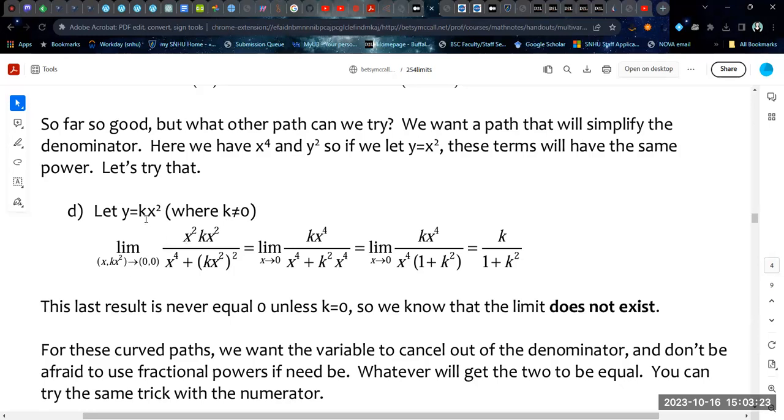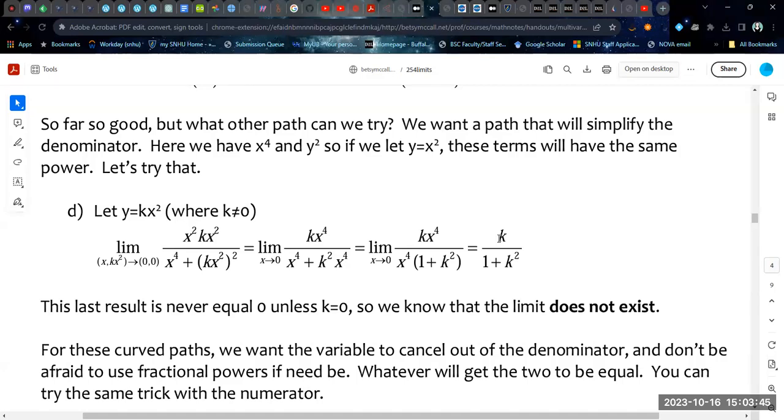And so if you plug kx squared in for y, what you find is that when you simplify, you get an x to the 4th in the denominator in both terms, and you get an extra x to the 4th in the numerator in both terms. Then you can cancel that, and you end up with k over 1 plus k squared. And again, if you let k equal 0, you get 0.